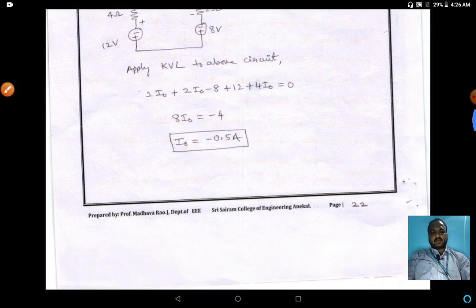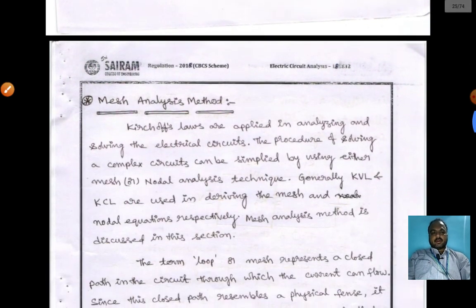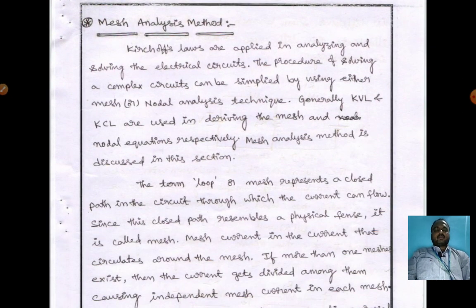So these are some of the problems based on the source transformation technique. Next we will move on to mesh analysis and node analysis.